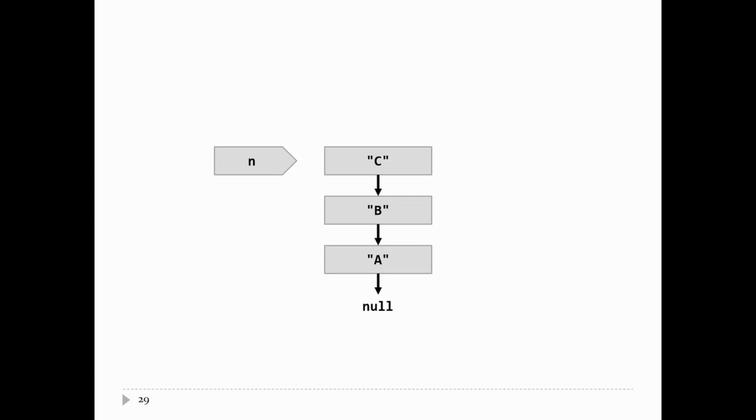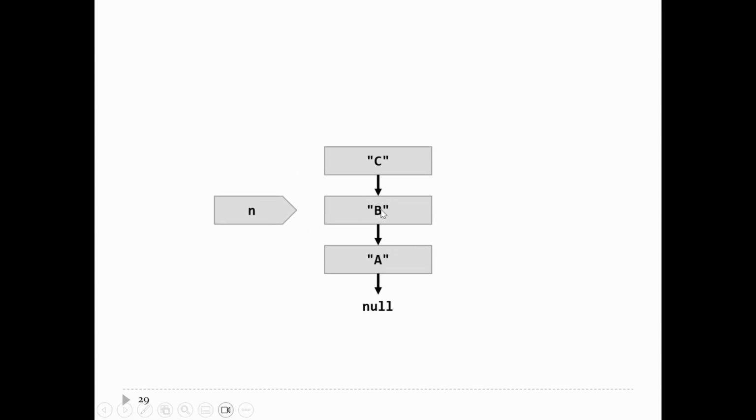Okay, so if we start at the top node of the stack, n points at the top. We can do something with this element here. So for toString, we would write C into the string. Now I'm done with this node, so I can advance n to the next node. How do I get to the next node? I just follow n's next link, and that takes me to the b.